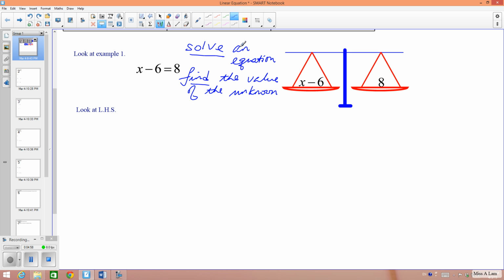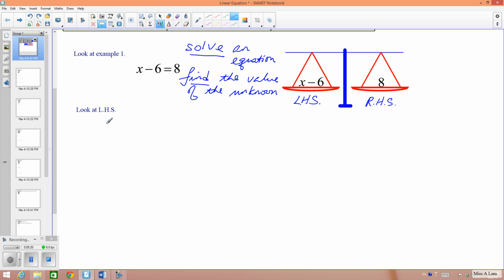And then we call x minus 6 the left hand side of the equation, and 8 is on the right, so this number 8 is on the right hand side of the equation. Now the left hand side and right hand side are equal.